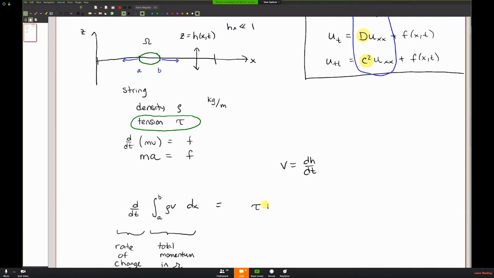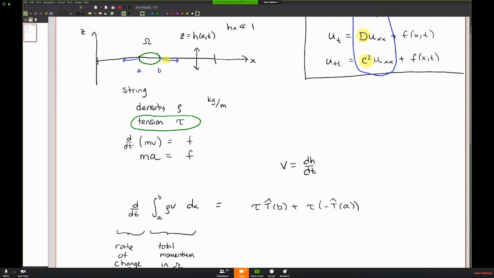Then I'm going to write tau T hat of B plus tau negative T hat of A.